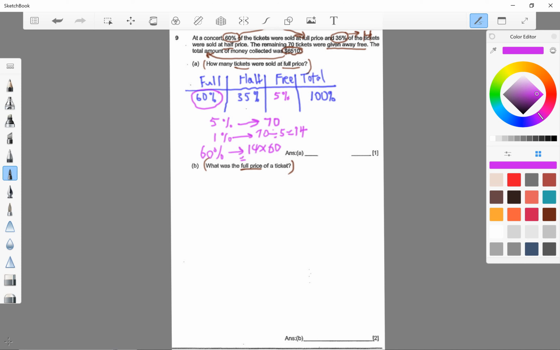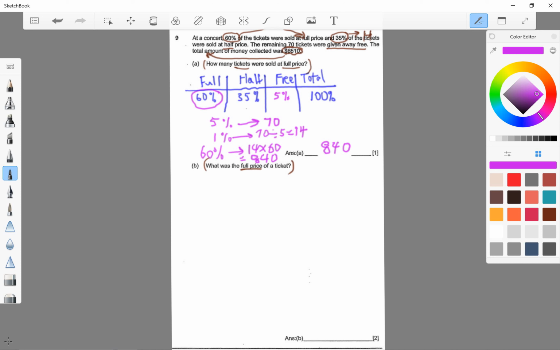If you are practicing this alongside with me, I hope that you manage to get 840 as the answer while you're doing this at home, or maybe you're on the move looking at this via your smartphone. No worries at all. So 840 has got to be the tickets sold at the full price.